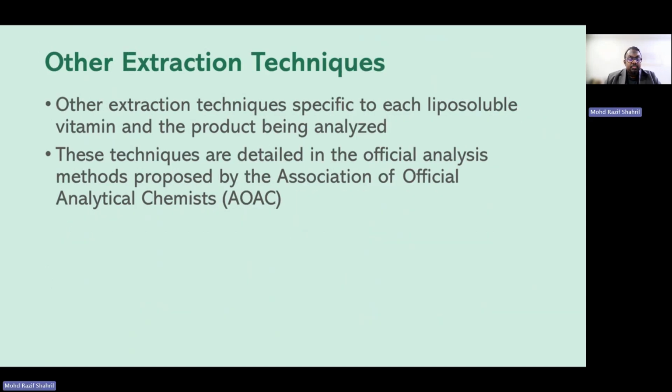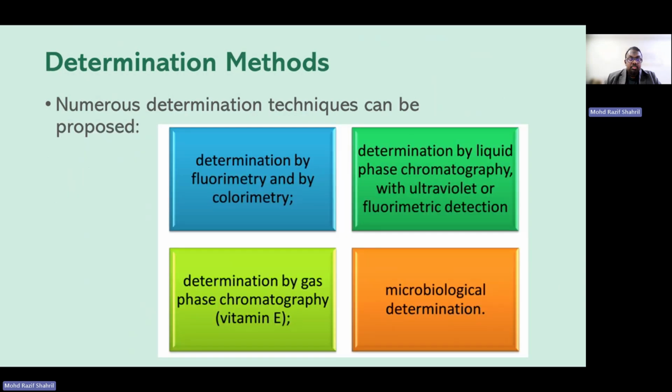While we have covered the main protocols, remember there are other specific extraction techniques detailed in the official analysis methods proposed by AOAC. Once we have our 1 ml concentrated extract, numerous determination techniques can be proposed.